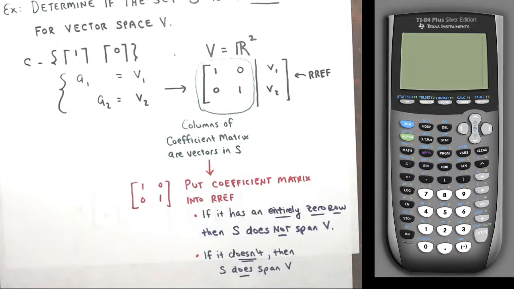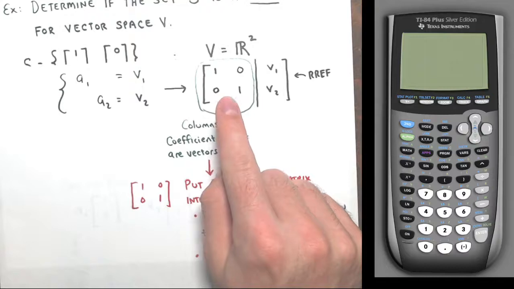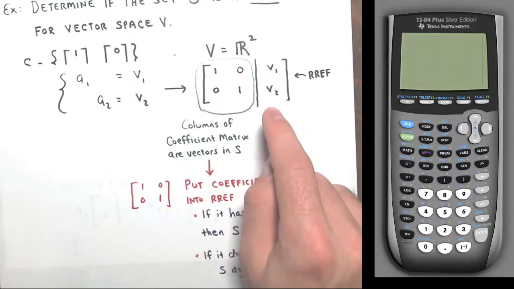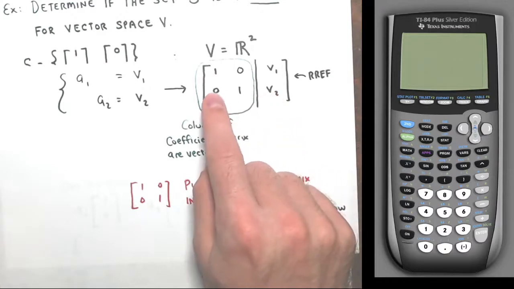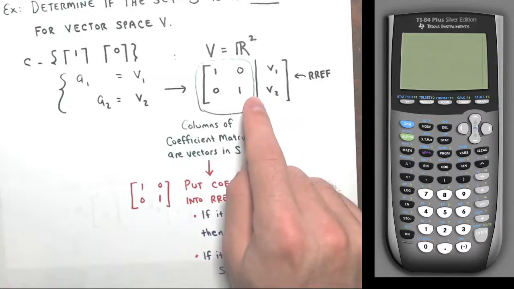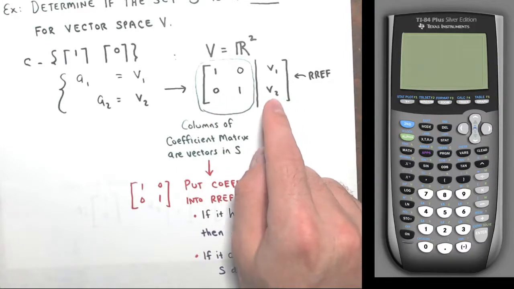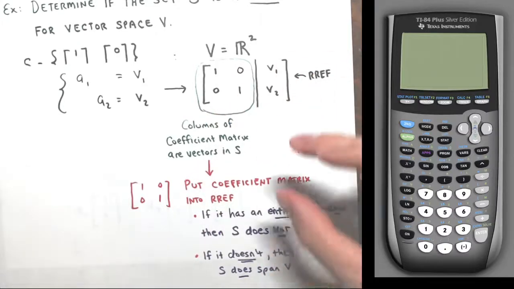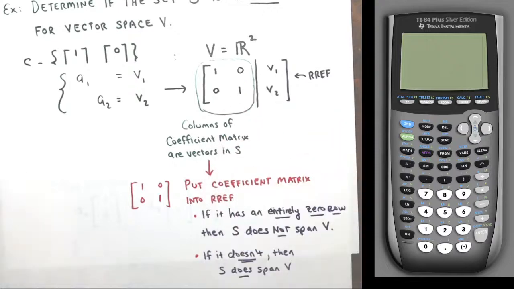Because again, if this was 0 0, then there might be some vectors in R2 such that this element here is not 0. The only way you have solutions is if you got 0 equals 0. But if I had 0 equals something that wasn't 0, there'd be no solution. So there would definitely be some vectors in R2 that couldn't be written as a linear combination of the vectors that make up the coefficient matrix.